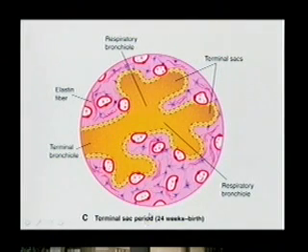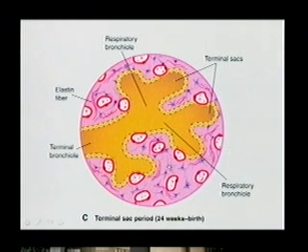The terminal sac period is where there's well-established terminal sacs and a thinning of the respiratory membrane. They finally have the contact of the endodermal cells with the developing endothelial cells of the vasculature, and the formation of the alveoli is prominent.